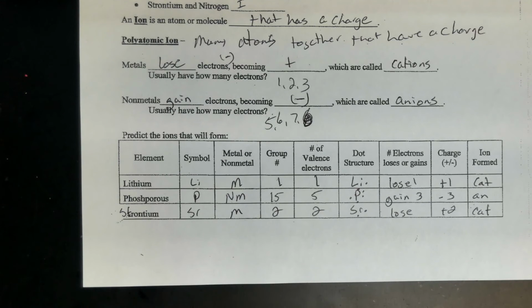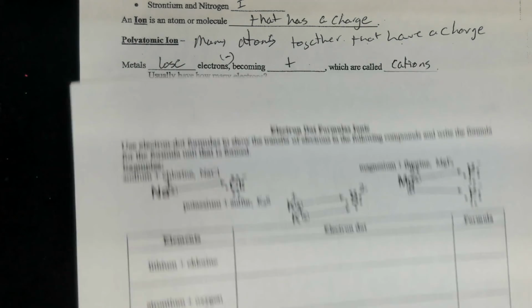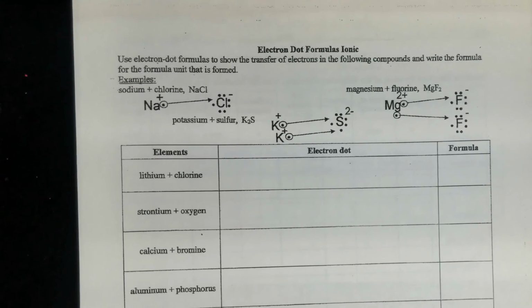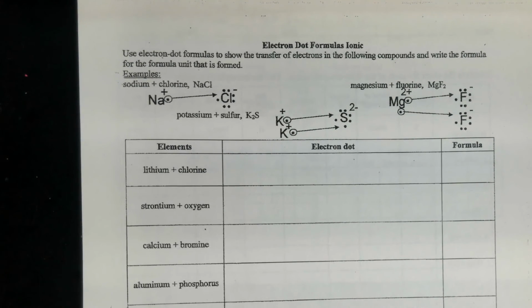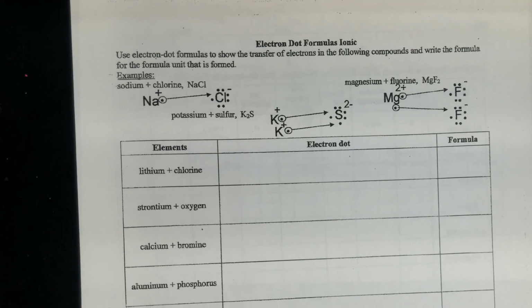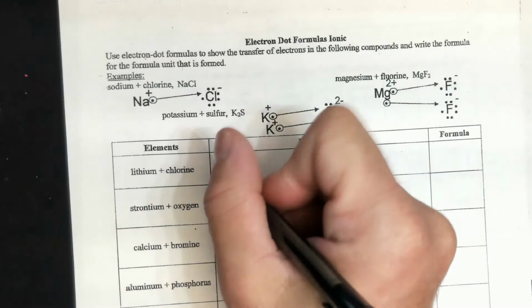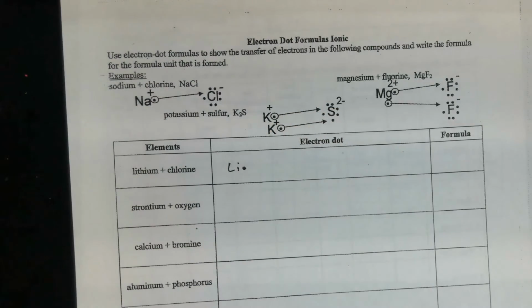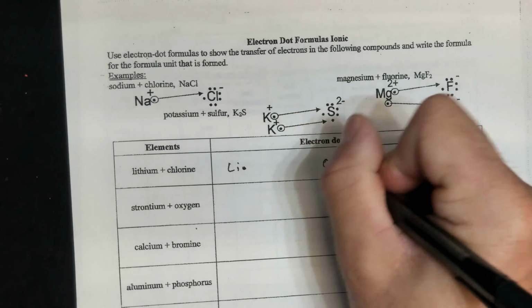So I'm going to go ahead and give you some examples of your other work while we're at it: how to make these electron dot formulas and how to actually make bonds. On this one, I want you to show me the actual bonds and how they work and the formulas. So we're going to start with lithium. Lithium is Li. It's going to have 1 dot because it's in group 1. Chlorine is going to be over here.